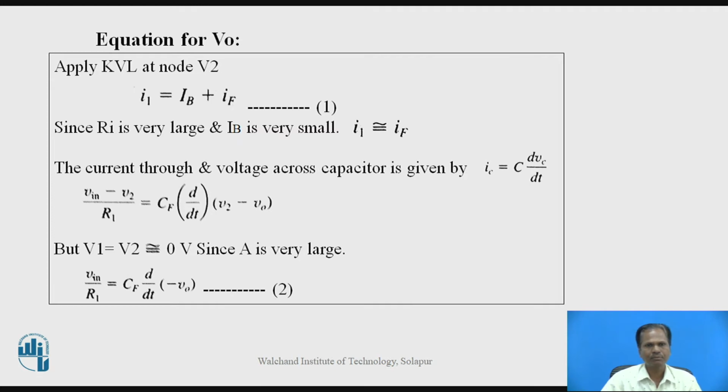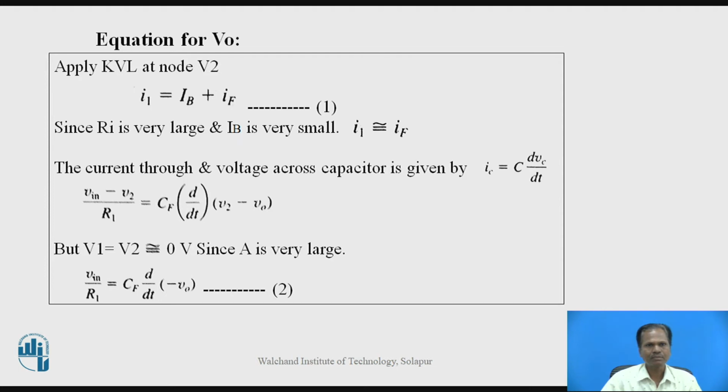So current through and voltage across capacitor is given by current flowing towards capacitor IC equal to C into derivative of capacitor voltage Vc with respect to time, dVc/dt.